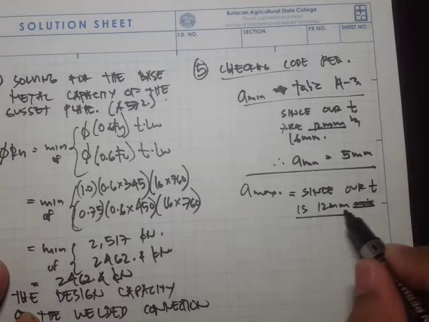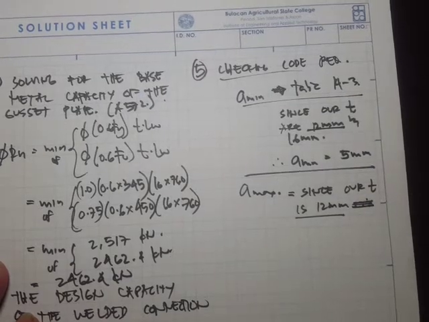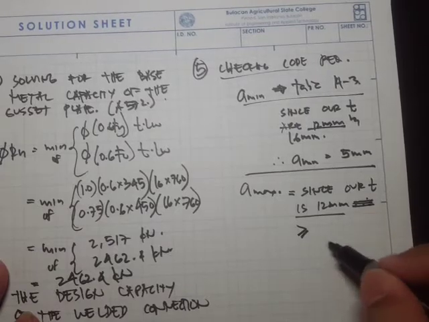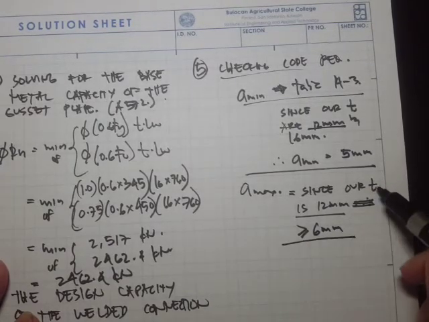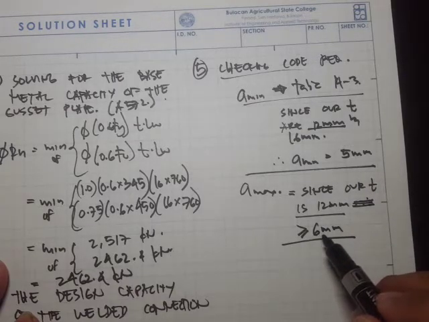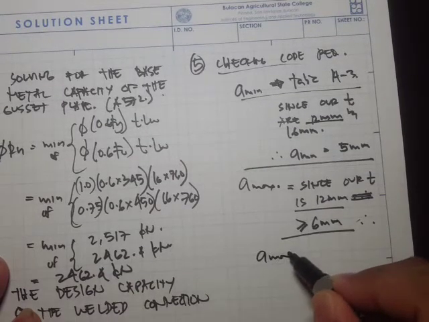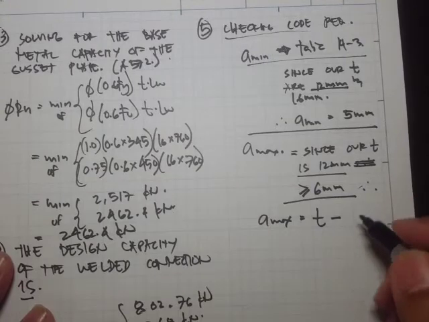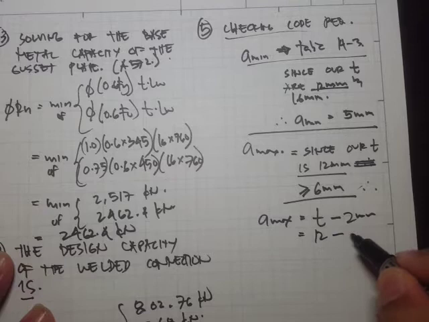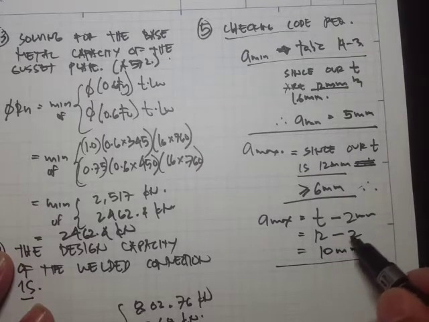Since our T is 12, which is greater than or equal to 6, so our condition is our thickness is 12 mm, which is greater than or equal to 6 mm. Therefore, A max is T minus 2 mm. So therefore, this is 12 minus 2, so we have 10 mm. Okay, that's our A max.